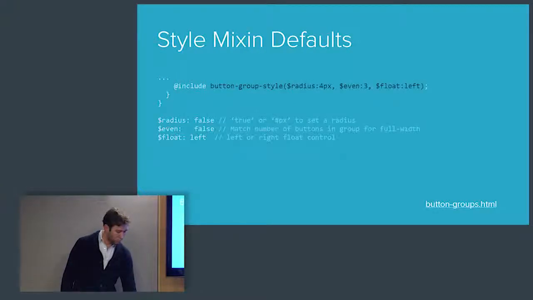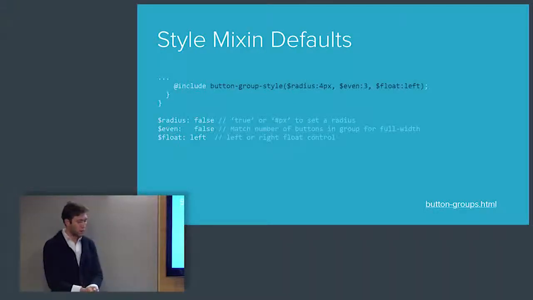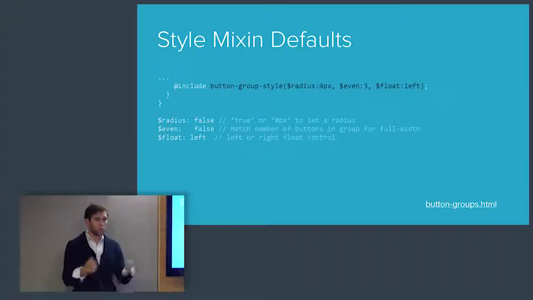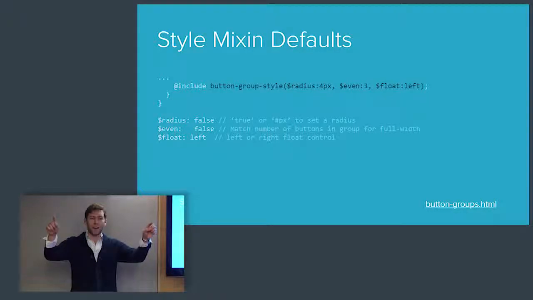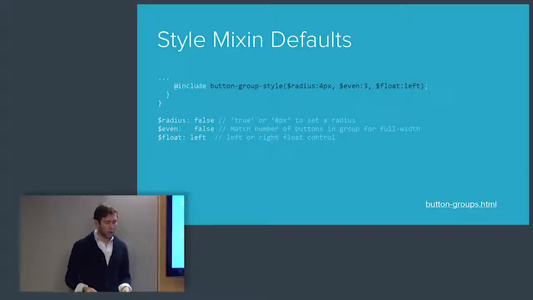Inside of the button group style, we can adjust the radius of the whole group. If you pass a border radius, it'll adjust the radii on the ends, but not each individual button, so it'll be like one cohesive unit. You can also make it even, so all the buttons will be the same width and the whole button group will fill its parent. And you can adjust how it'll float, right or left.